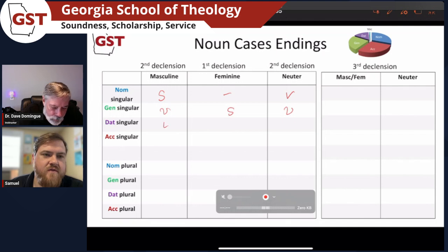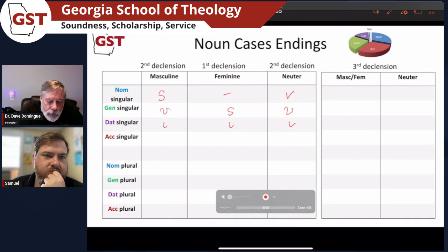Well, we'll just do the iota because we're doing the case ending. But it would be omega iota, eta iota, omega iota for the subscripts when you're adding the case endings to the stem endings, or the connecting vowel, that would be correct. We're just going to do the case endings right now.